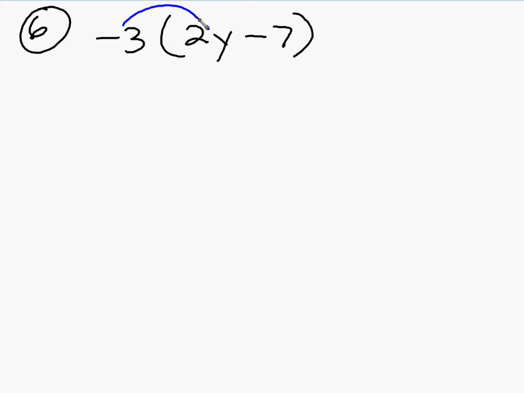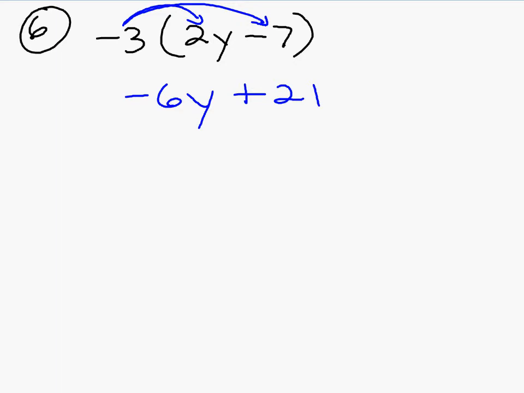Negative 3 times positive 2 is what? Negative 6y will be my first term. Now, pay attention. Negative 3 times what kind of 7 is that? That's a negative 7. So a negative times a negative is a positive. So this becomes plus 21. Not plus a negative 21, just plus 21. Do you see how that changed the signs?